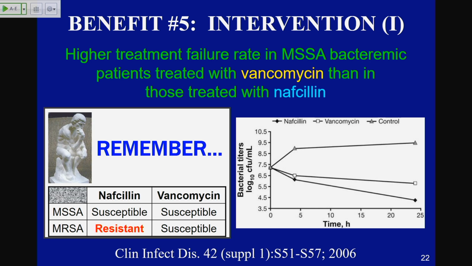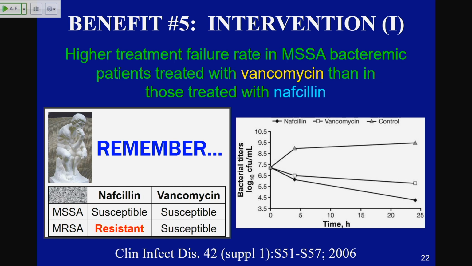This relates to our blood culture ID, quote-unquote, syndromic panels. And I always like to use this example in my classes with respect to MRSA versus MSSA. And again, when you're coming to the big house or the ER with a septic picture, right, they're going to treat you empirically with vancomycin and probably ceftriaxone or cefepime. Now, according to just basic lab knowledge, right, vancomycin should work against both MSSA and MRSA.